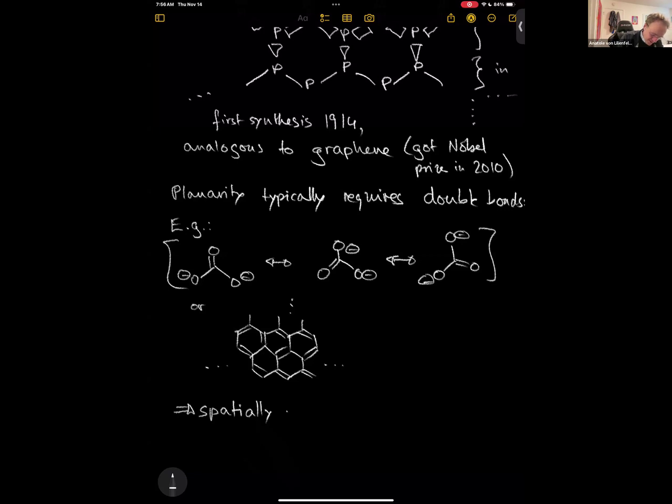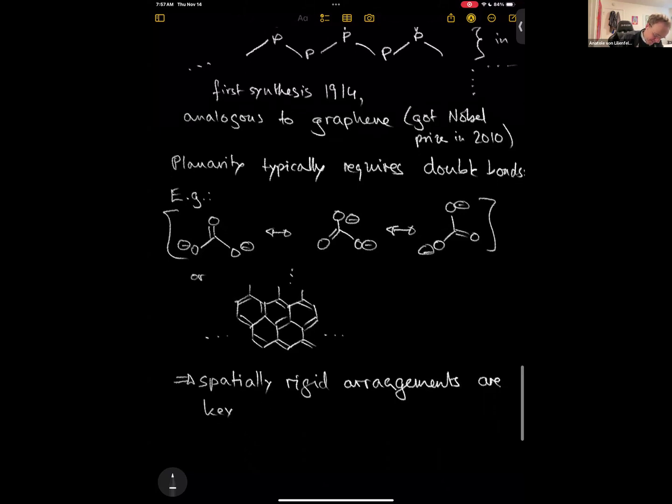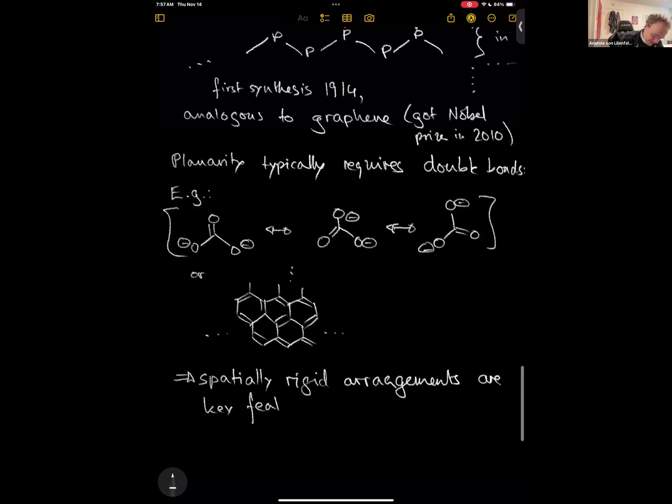Spatially rigid arrangements are key features of covalent bonding.